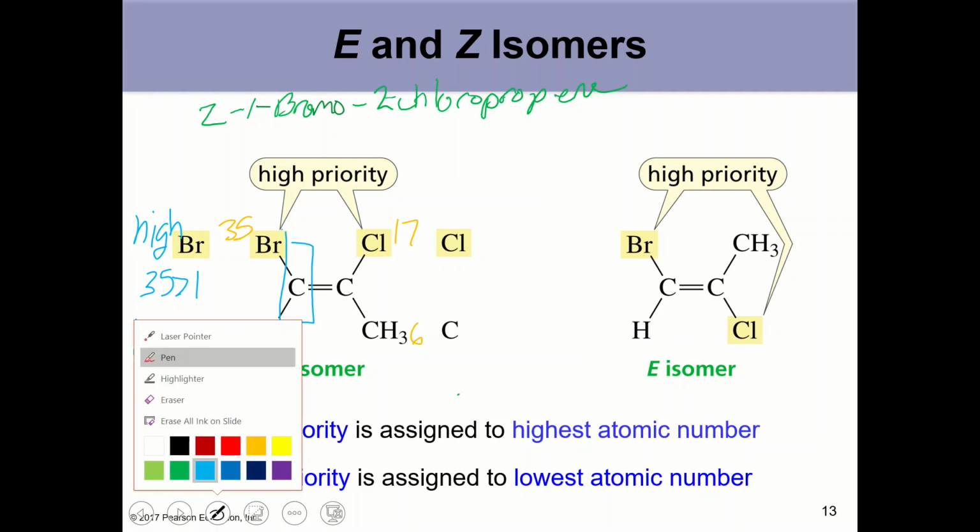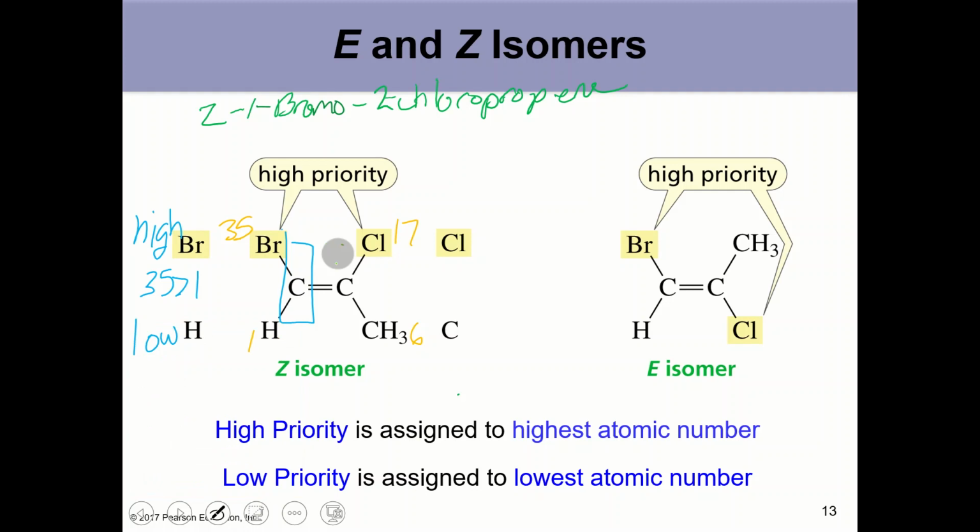For our second carbon, the high priority group is chlorine with an atomic number of 17, which is greater than 6 for carbon. And so both of the high priority groups are above the double bond.